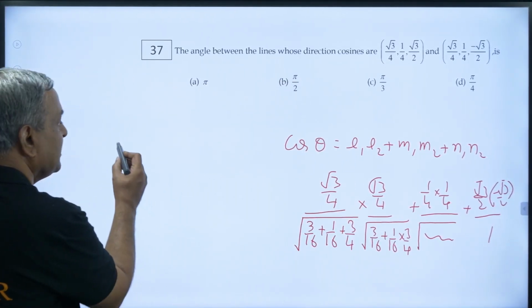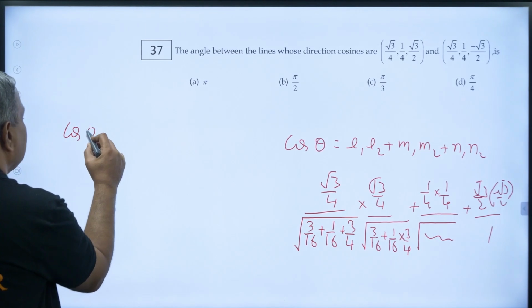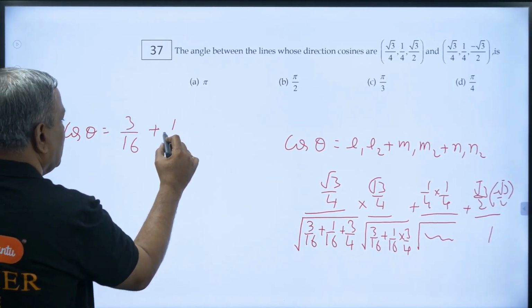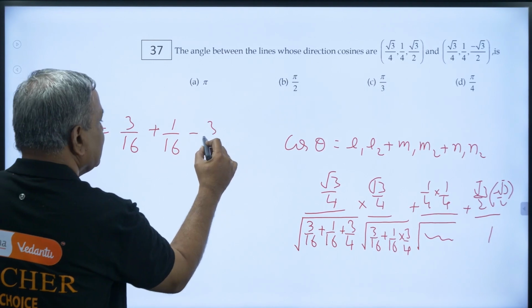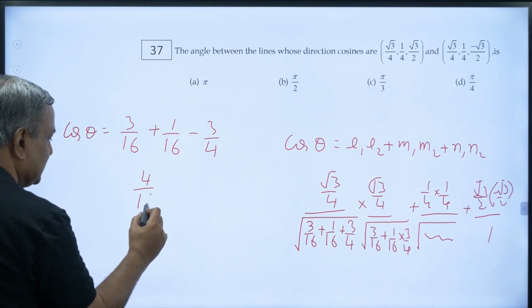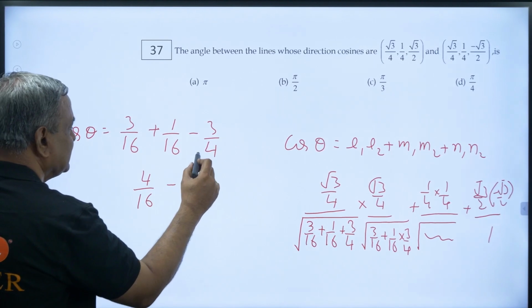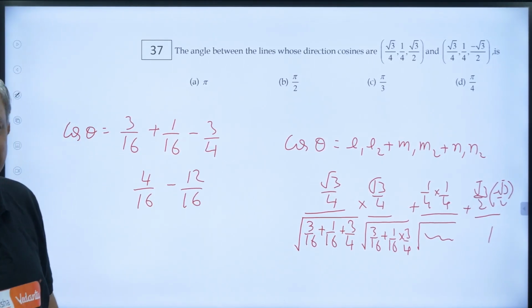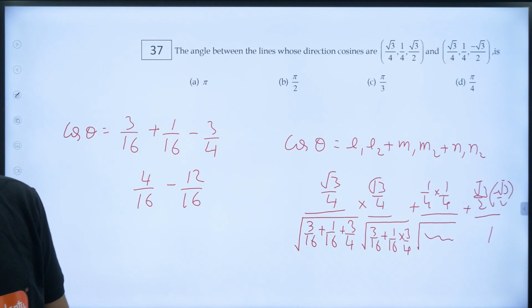So final answer will be cos theta is equal to 3 by 16 plus 1 by 16 minus 3 by 4. So this can be written as 4 by 16 minus 12 by 16.